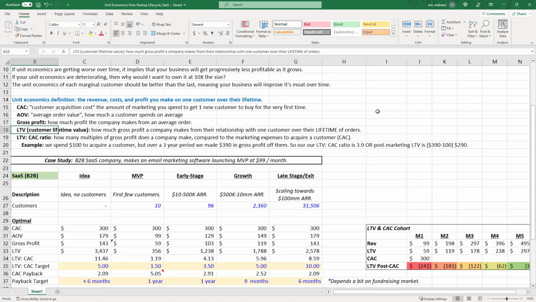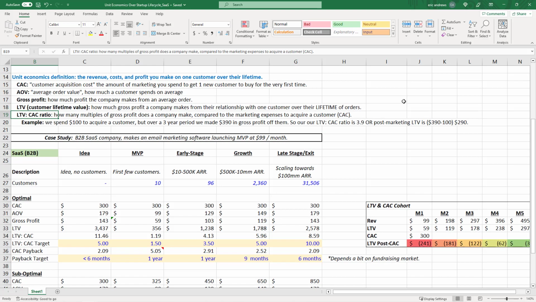The customer lifetime value is how much gross profit a company makes from their relationship with one customer over their lifetime of orders. So a customer might buy once, and then the SaaS startup makes 80% profit on that revenue, but then they're on a subscription, so they might buy 15 times. So their customer lifetime value is 15 orders and the profit that the company derives from that.